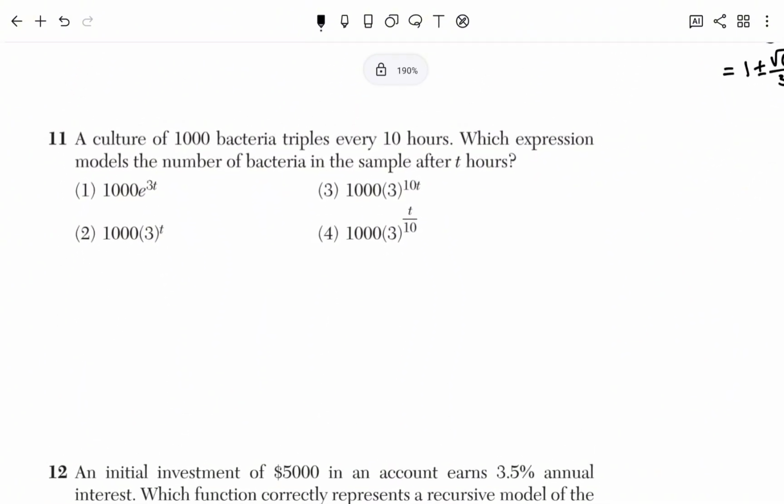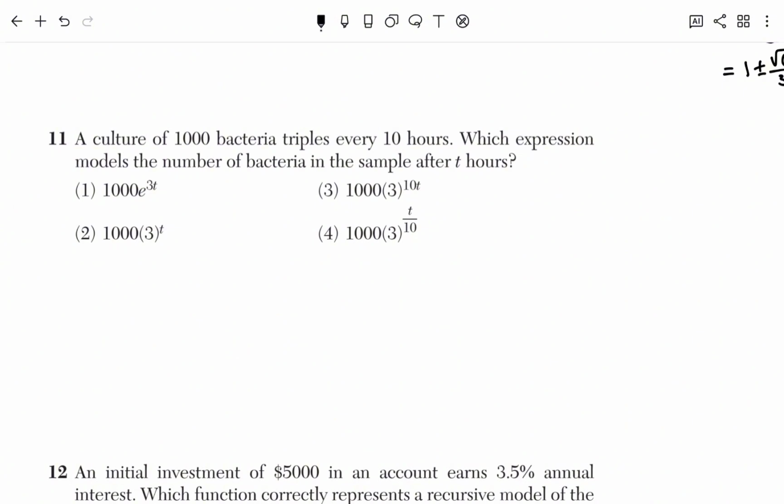Question number 11 says, a culture of 1,000 bacteria triples every 10 hours. Which expression models the number of bacteria in the sample after t hours? So, it's tripling every 10 hours.